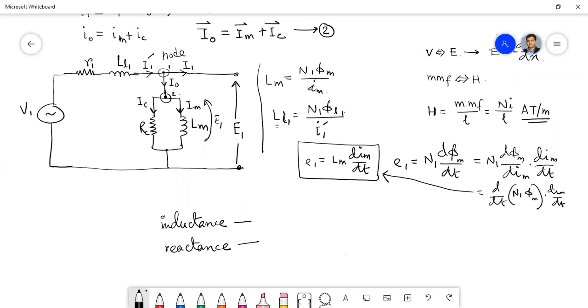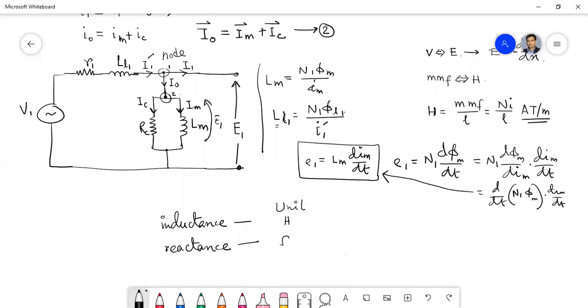No, it's not like that. Now you just tell me the unit. Reactance is the property, but I'm asking the unit only. What is the unit of inductance? Henry. And reactance is ohm.